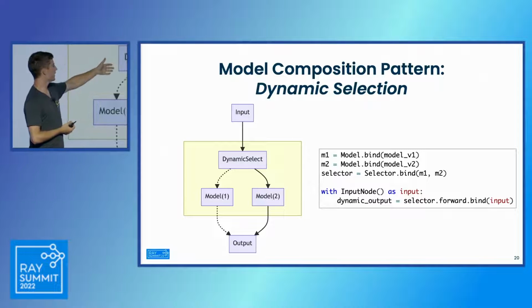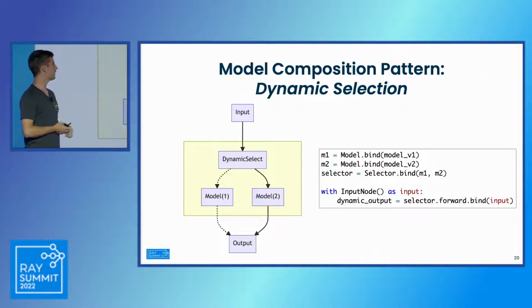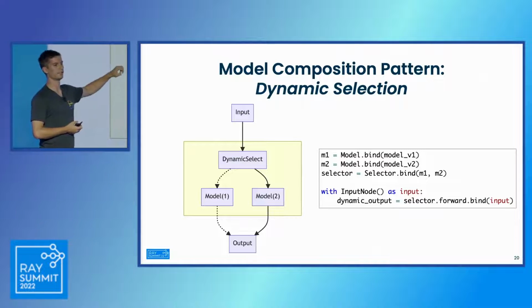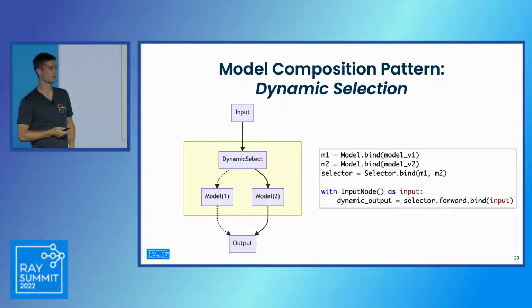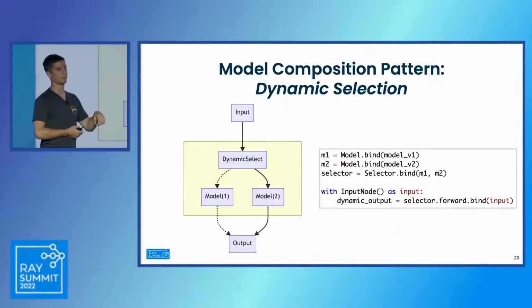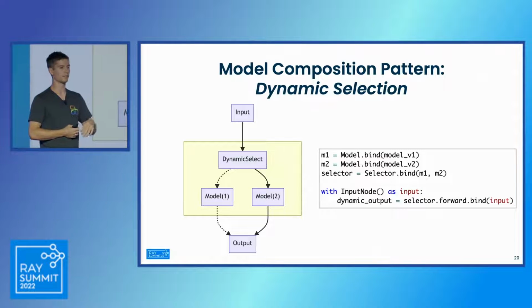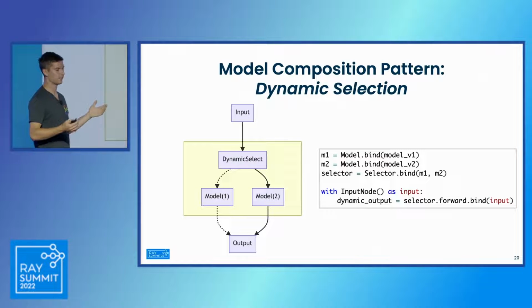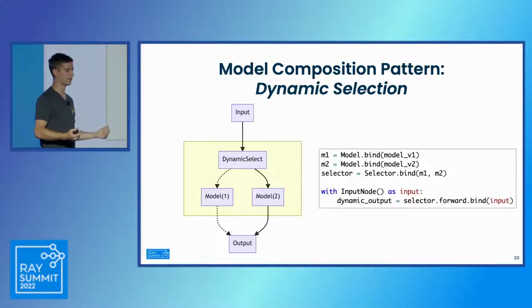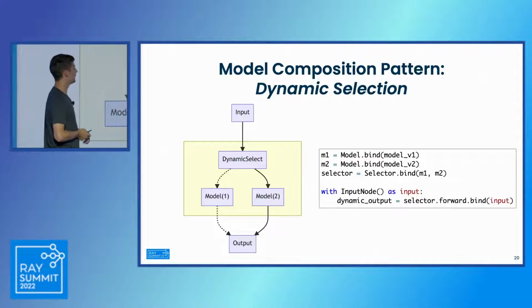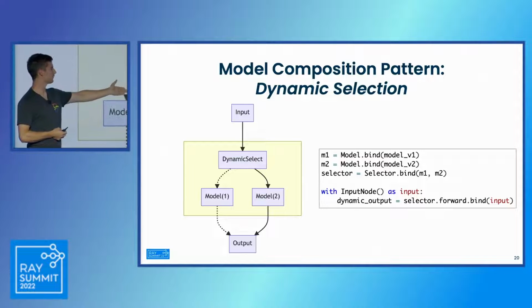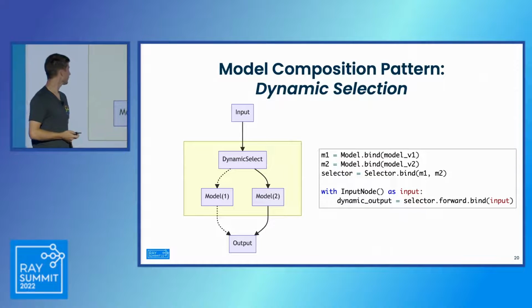So here we're creating M1 and M2 like we did earlier, but we're also passing those into another node, which we're calling the selector. And this selector is going to, at runtime, take the input and decide which one of those it wants to call, based on the input or based on the user ID or anything like that. And then you just get the output from the selector.